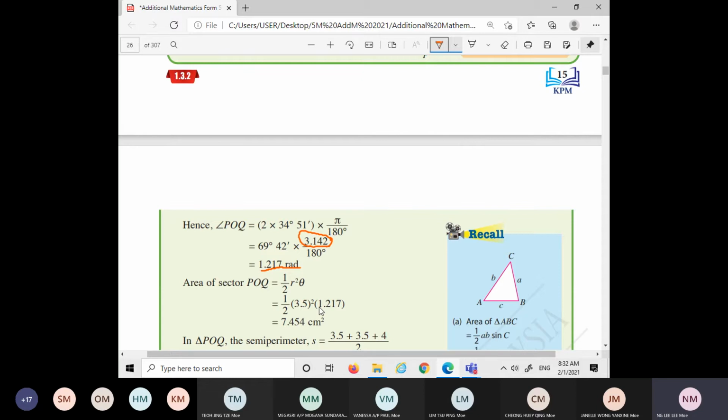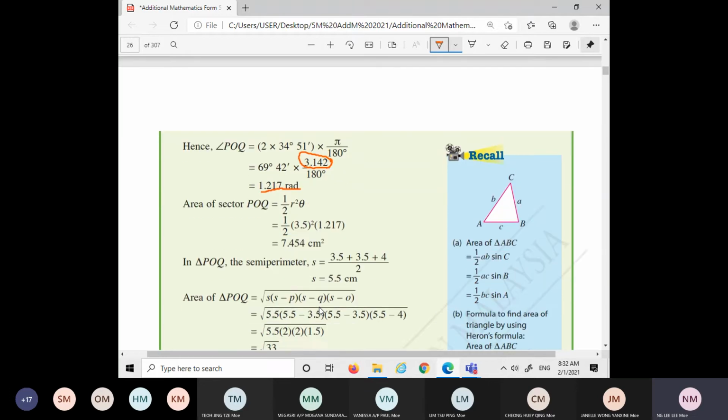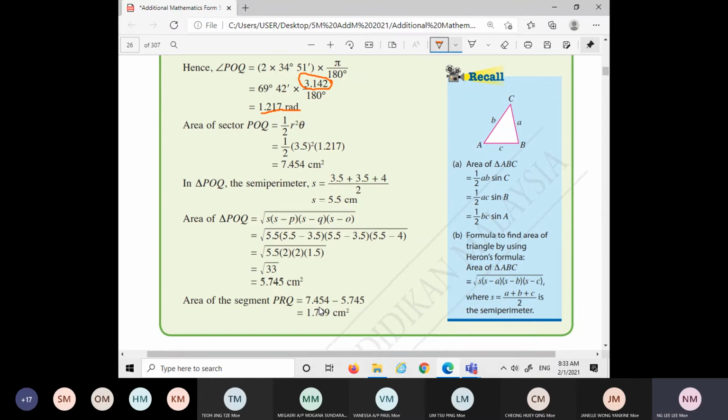Now another method for you to find the area of a triangle, if you still remember. This is the third method already.